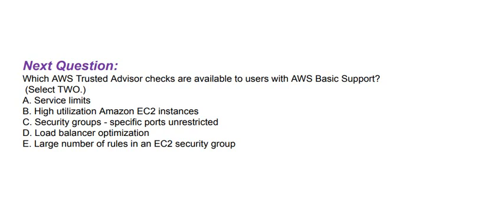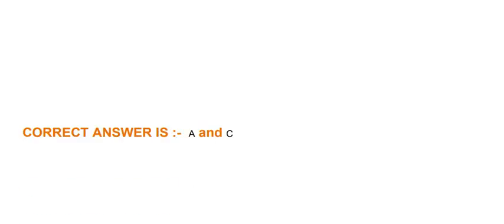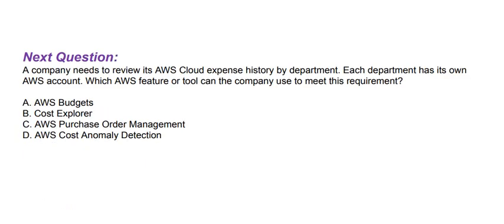Option D, load balancer optimization. And option E, large number of rules in an EC2 security group. The correct answer is option A and C.